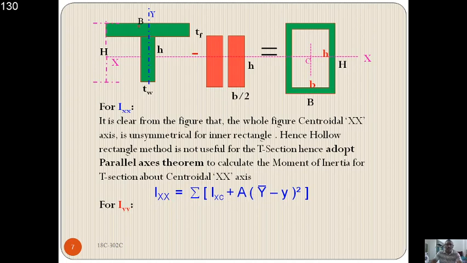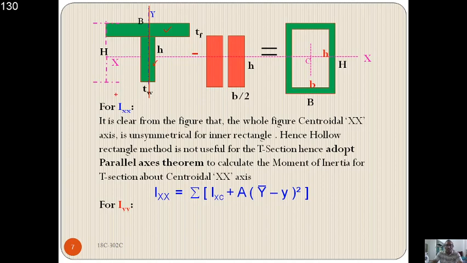Whereas for the Iyy case, let us see, this is a symmetrical axis, hence flange and web both have symmetry on both sides. Hence, we don't need to use the parallel axis methodology.